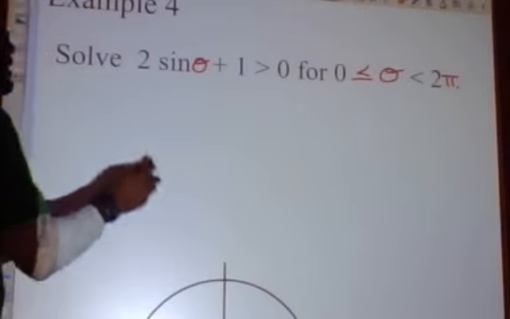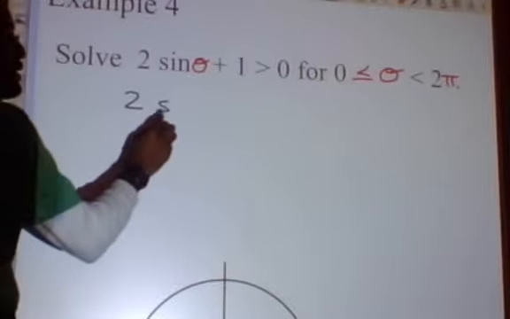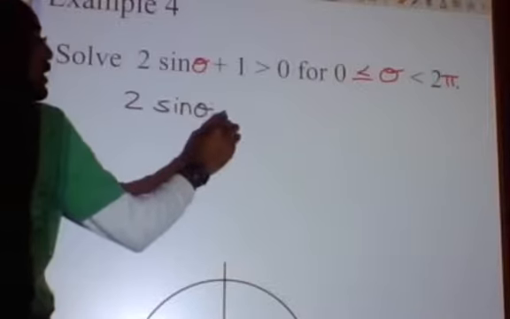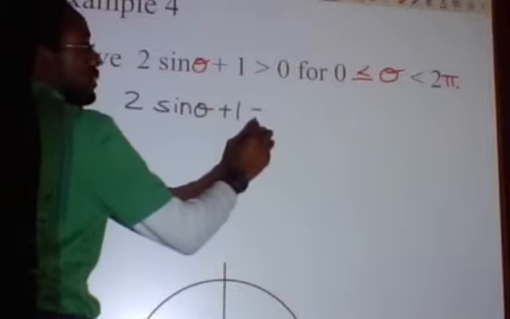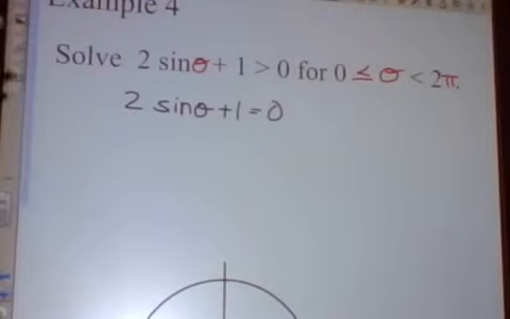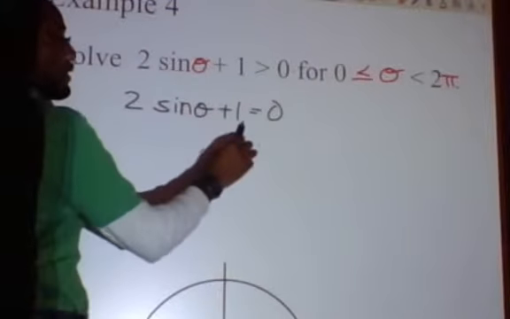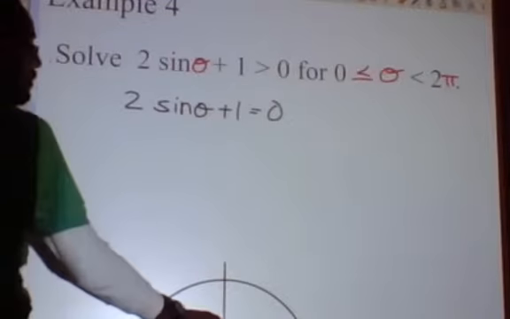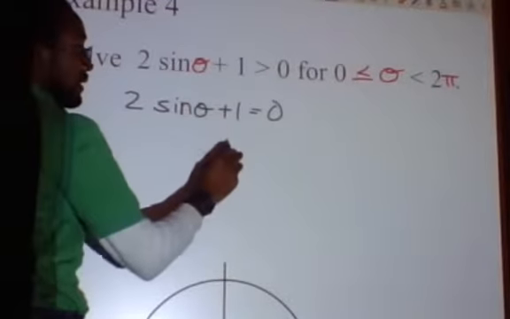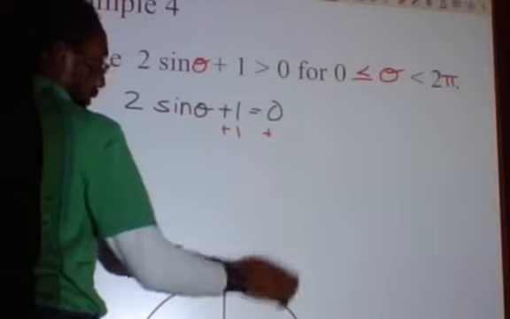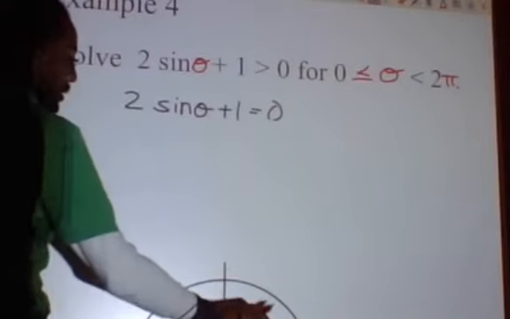All right, so let's go ahead and solve this out. And just like regular inequalities, we can solve this by setting it equal to 0 and then putting the inequality back in later on. So we're going to do 2 sine theta plus 1 equals 0. We're going to solve this for sine theta. So we'll subtract 1.